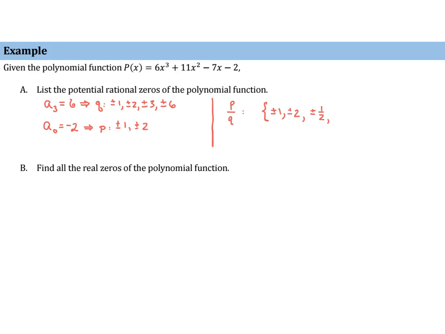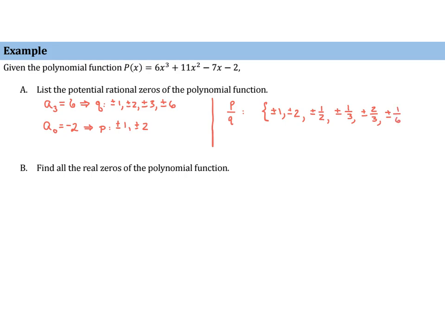Now we'll move to dividing by 3. So plus or minus 1 divided by plus or minus 3 is plus or minus 1/3. Plus or minus 2 divided by plus or minus 3 is plus or minus 2/3. Now we'll divide by 6. So plus or minus 1 divided by 6 is plus or minus 1/6.